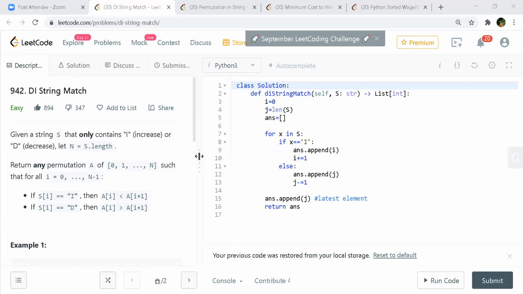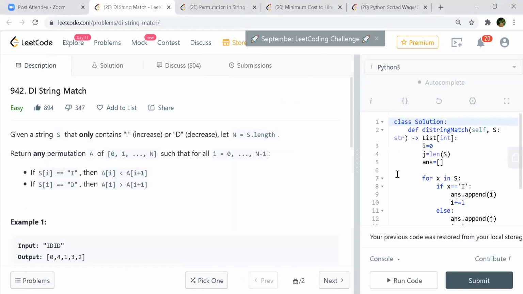So, Praveen, what was the time in LeetCode for this? You mean the time complexity? I mean the runtime. Okay, just a minute. 32 milliseconds.